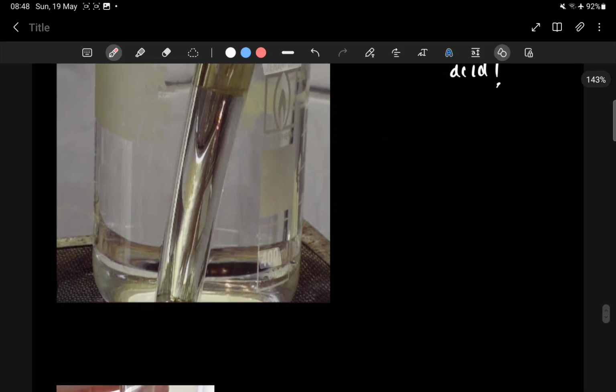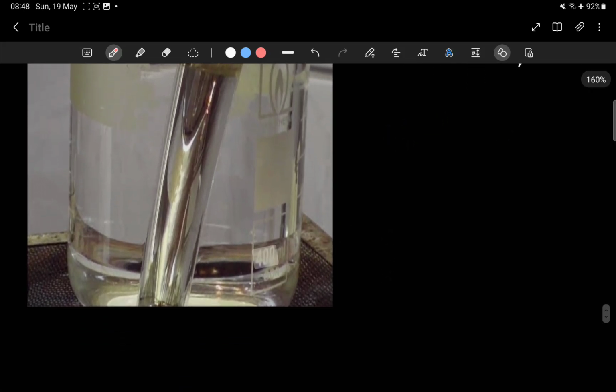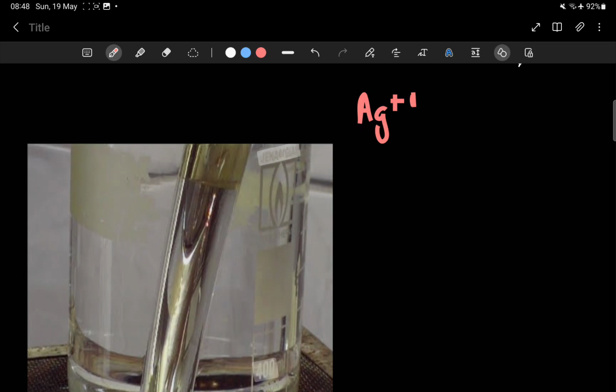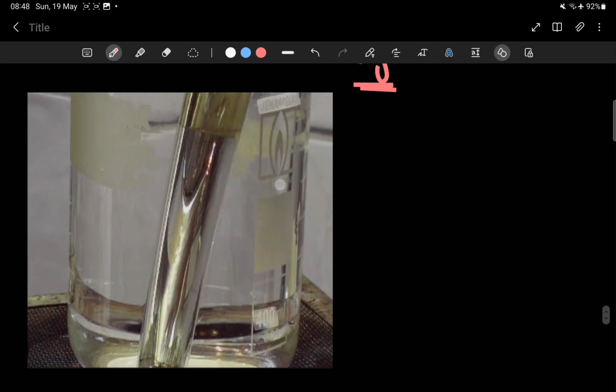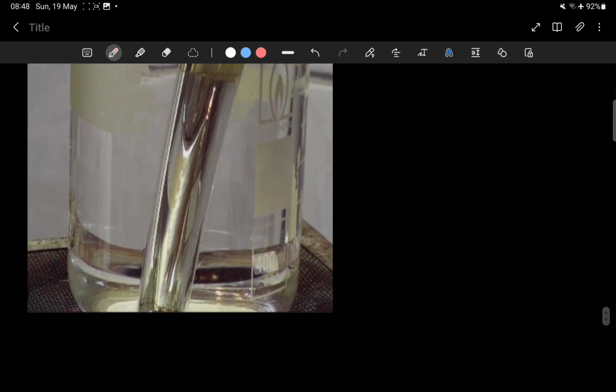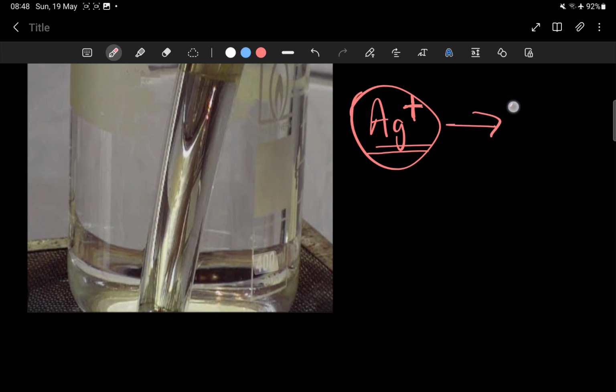Look at it, the positive test for an aldehyde. If you put silver plus ions, Ag plus, then when they find an aldehyde, they will be reduced to solid silver.